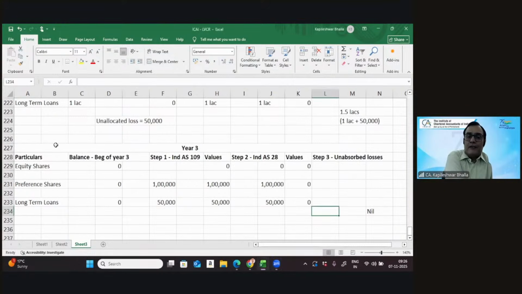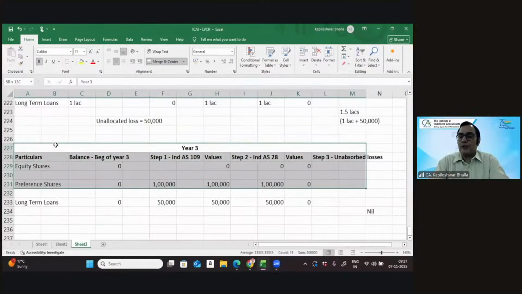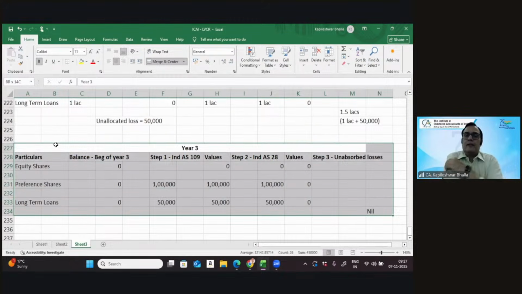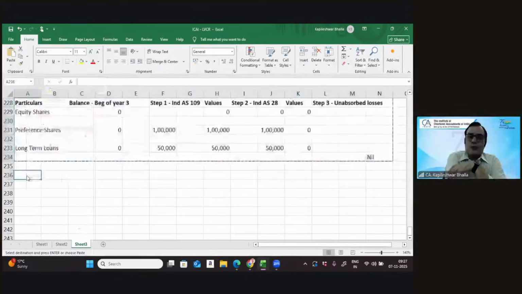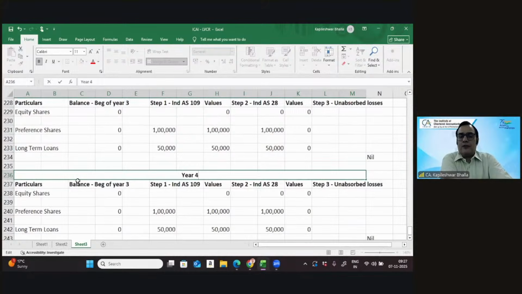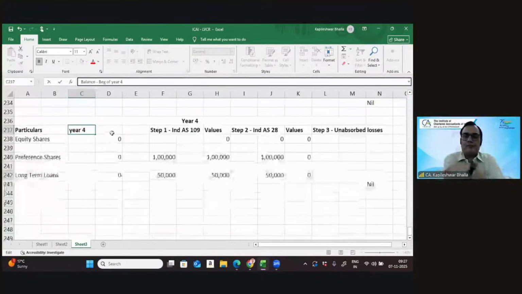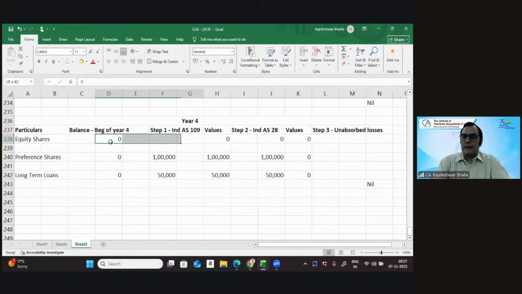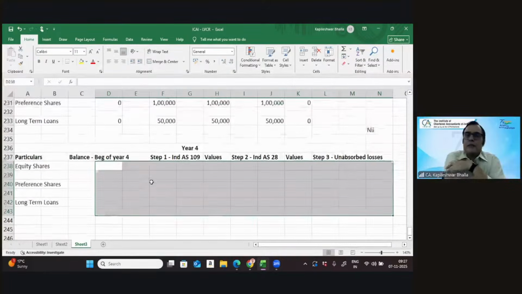Now let's go to the year 4. Now in year 4, we know that there are no unabsorbed losses to be taken. So let's go for the year number 4. We again copy this out. So this is year number 4. This is balance at the beginning of year 4. And let's take the data. So balances in the previous year is all 0, 0, 0.